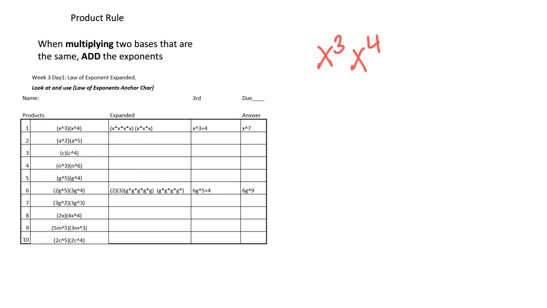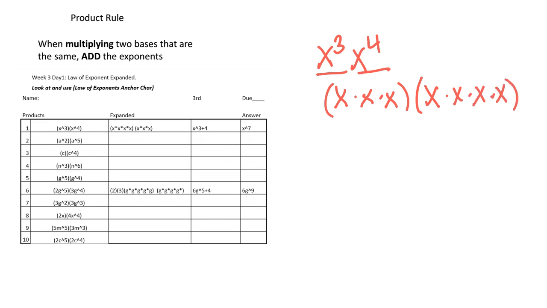So I know to expand it, I'm just going to write all the times I'm multiplying x. In the first section, I'm multiplying x 3 times. And then in the second one, I'm going to be multiplying x 4 times, because the exponents tell me how many times I'm multiplying the x's.